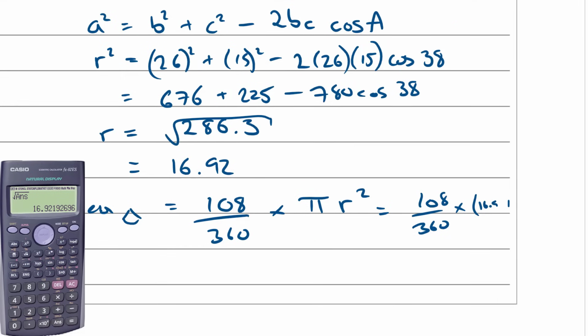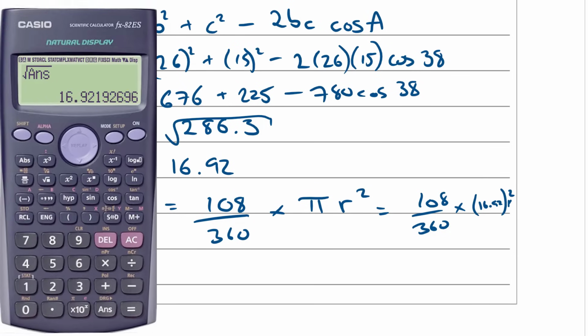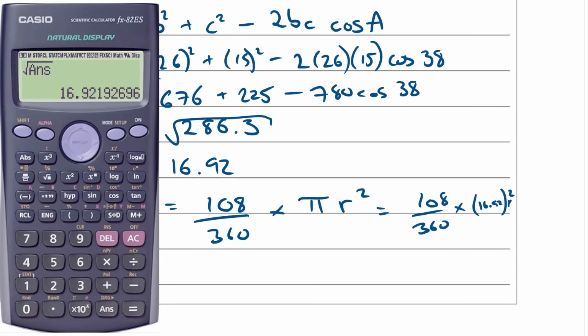squared. I'm running off the side of the page. So let's type that into the calculator. 108 divided by 360 times pi times our last calculated answer squared.